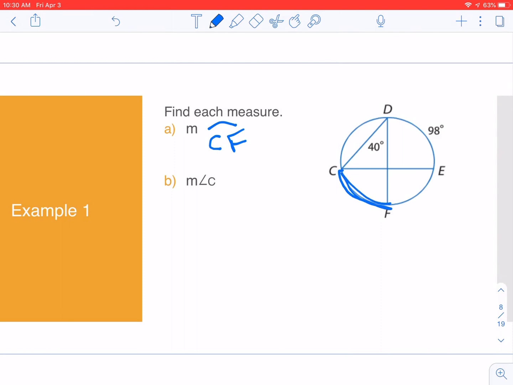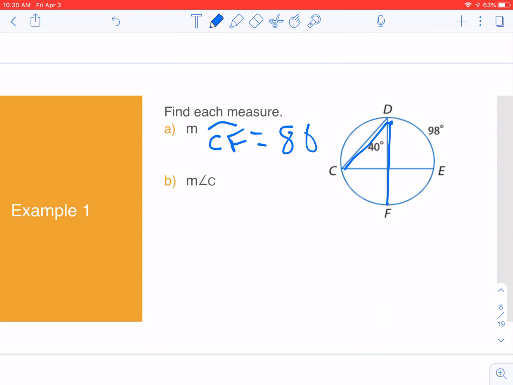What really helps me is to look at the angle that corresponds to that arc, which is right there, which is 40. So I know that 40 is the inscribed angle, and if I multiply 40 by 2, I get the arc, and that will equal 80. Sorry, my writing's not great.